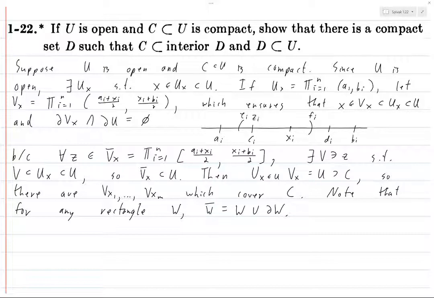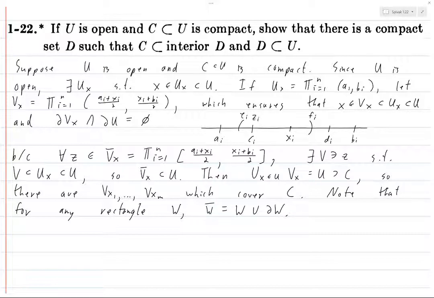So why is this true? If you take any point in the closure of W, certainly each of these closed intervals contains the open interval, so any point in W is also going to be in the closure of W. However, what about the boundary?